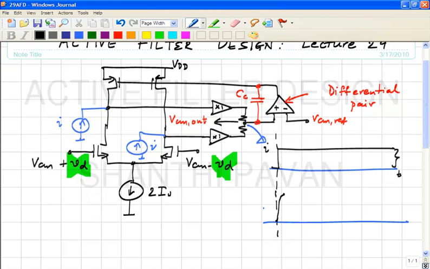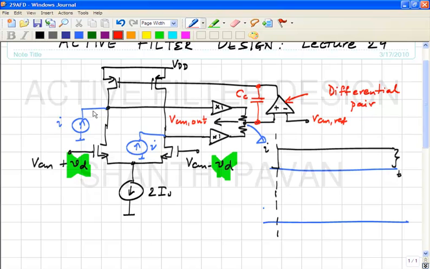And then what happens? The feedback loop has got a finite time constant. It can't act instantaneously. So by the time the feedback loop figures out that something is wrong and corrects it, some time has elapsed. During that time, the output will tend to go up.